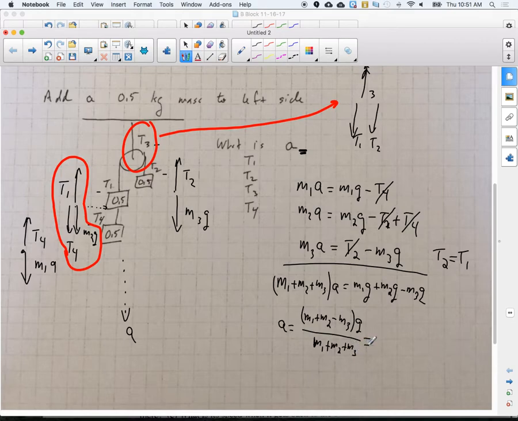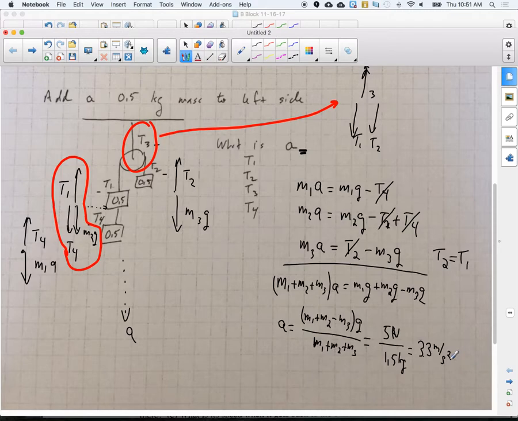And for our numbers, this would be 0.5 plus 0.5 minus 0.5 all times 10 would be 5 newtons over 1.5 kilograms, 3.3 meters per second squared. Everybody agree?